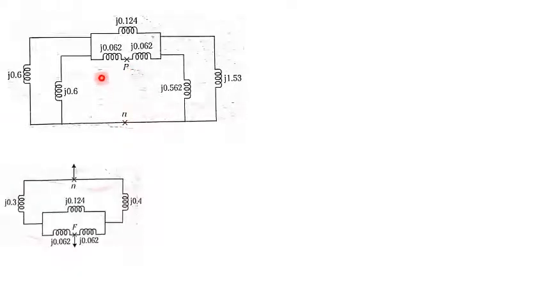By redrawing this, this is the equivalent you will get. These two are connected in parallel, 0.6 parallel gives 0.562, and 1.53 is also a parallel combination, which gives 0.4. This is 0.3, this is 0.124, and this is 0.062, this is 0.062.